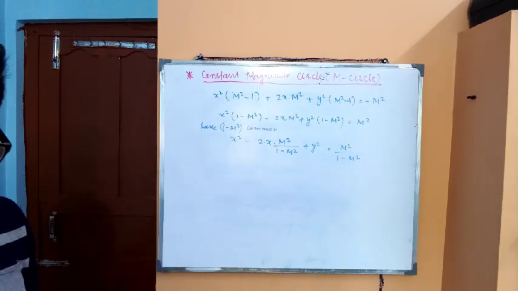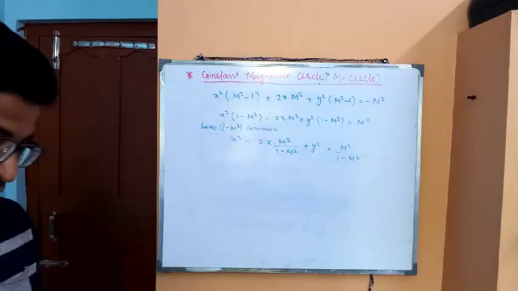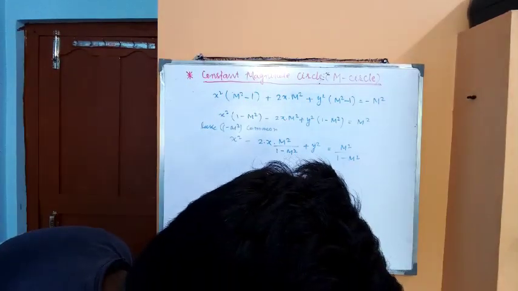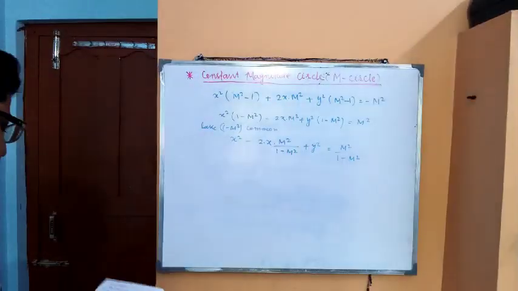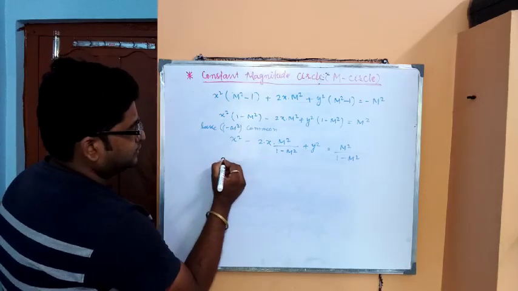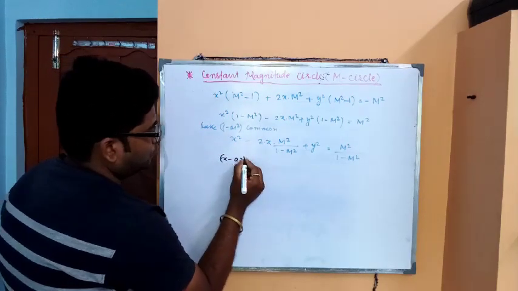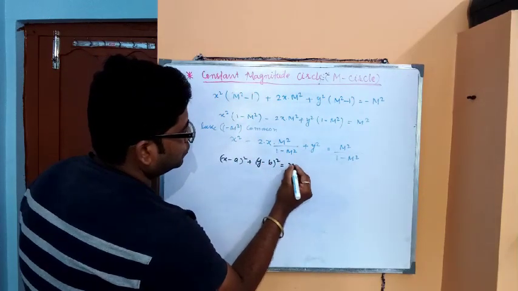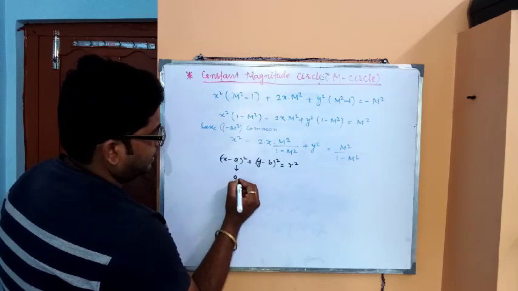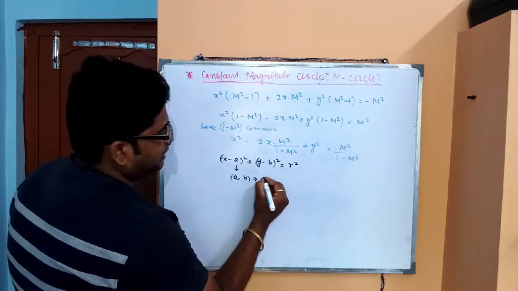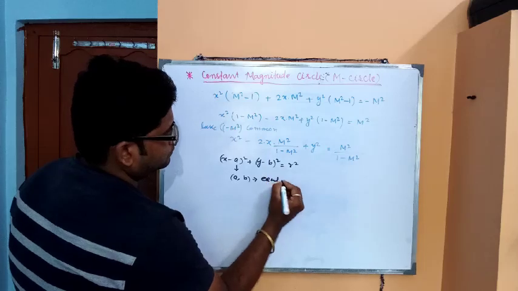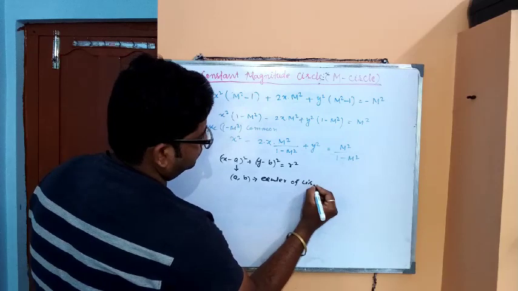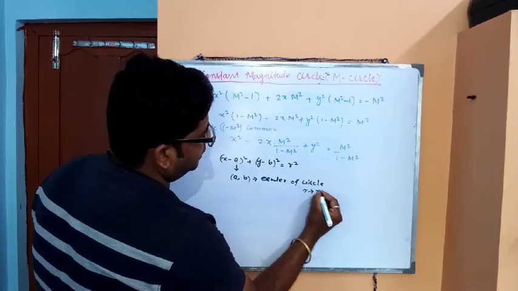Now to make this expression the expression of a circle, what is the expression of a circle? The circle expression can be written as x minus a whole square plus y minus b whole square is equal to r square, where (a, b) is the center coordinate of the circle and r is the radius.